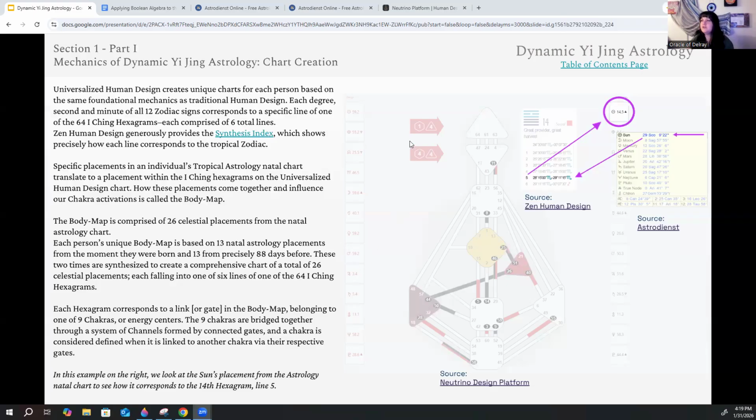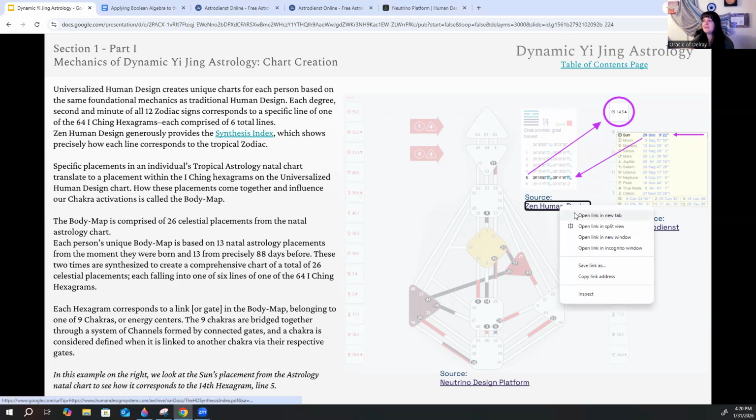So a chart is kind of faded back here. This is what a human design chart typically looks like. How this works is that your astrological chart translates the planets, degrees, minutes, and seconds into a line and a hexagram of the Yi Jing.